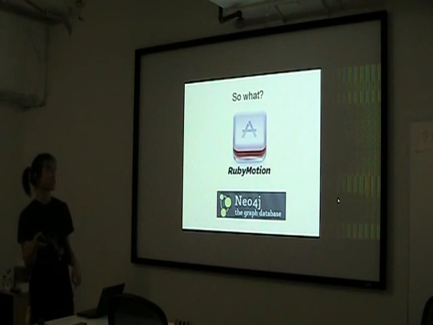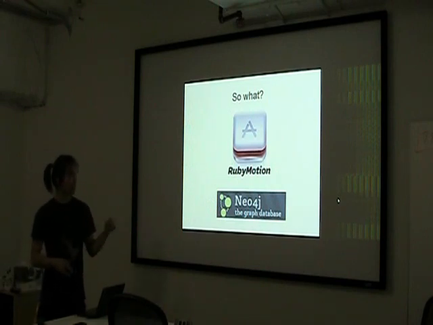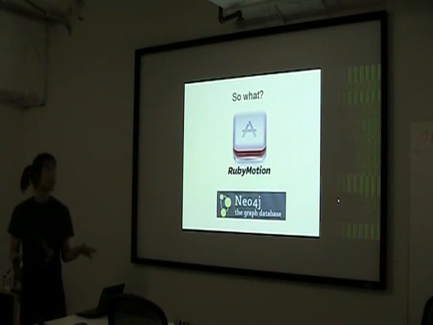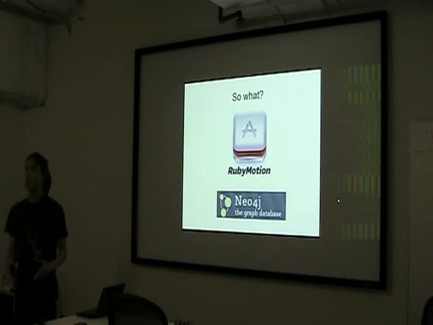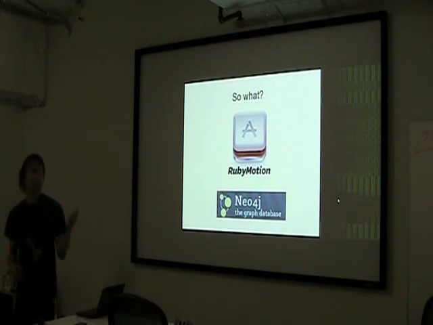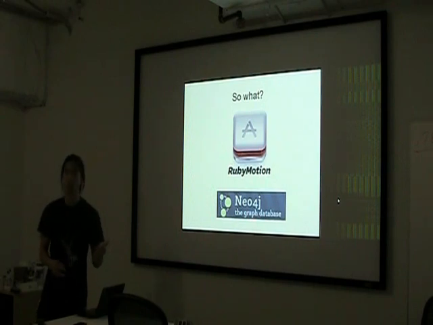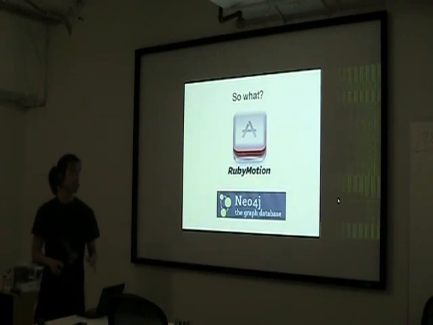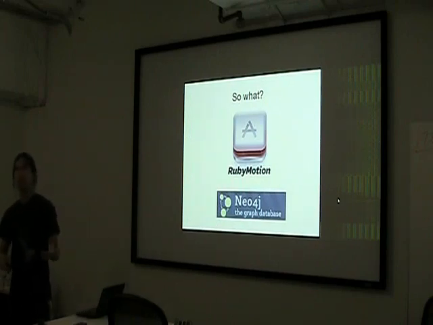Not sure what that is actually. But it lets you take your existing Ruby knowledge and, without many hiccups, transfer it entirely to different platforms like iOS devices, like Mac. And then the thing that started all of this for me was Neo4j, which is a graph database written in Java. And it's just really, really cool technology. So these are just a few of the examples.